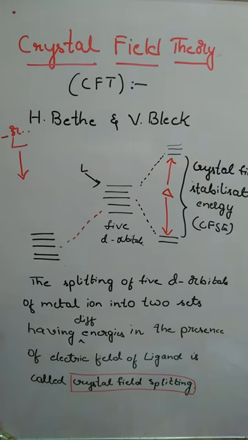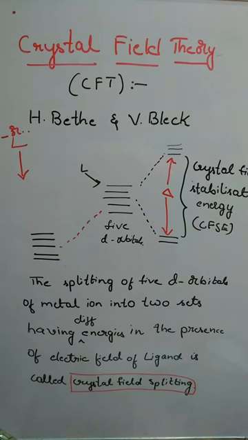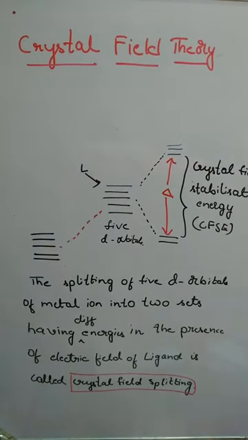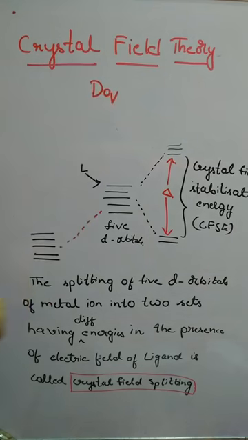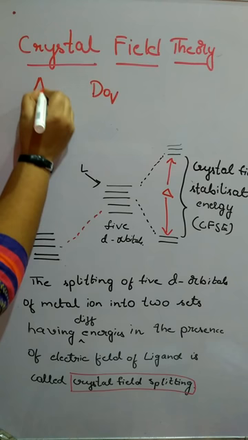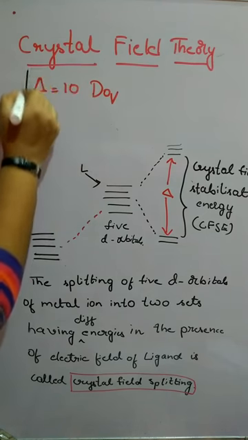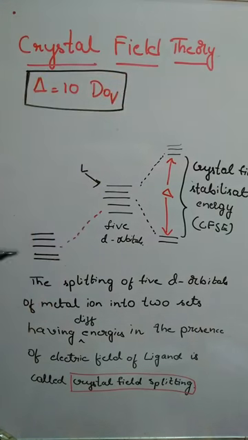And one more thing is we need to measure this. To measure that energy, we need a parameter, and that parameter is indicated as Dq. Delta is an arbitrarily taken thing, just for our calculation and to get some idea of how much it might be.